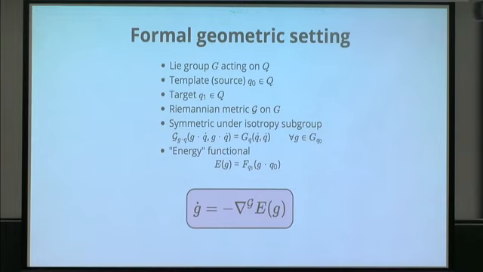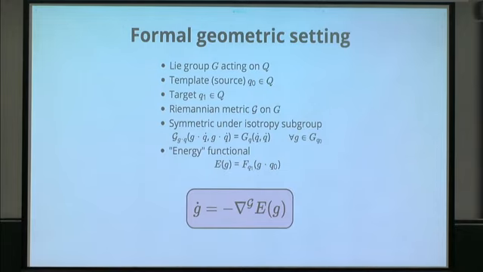And you also have a target, Q1. And on G, on this Lie group, we have a Riemannian metric. And we assume that this Riemannian metric is symmetric under the isotropy subgroup of this Q naught. Right, so it fulfills this condition here for every G in this subgroup.